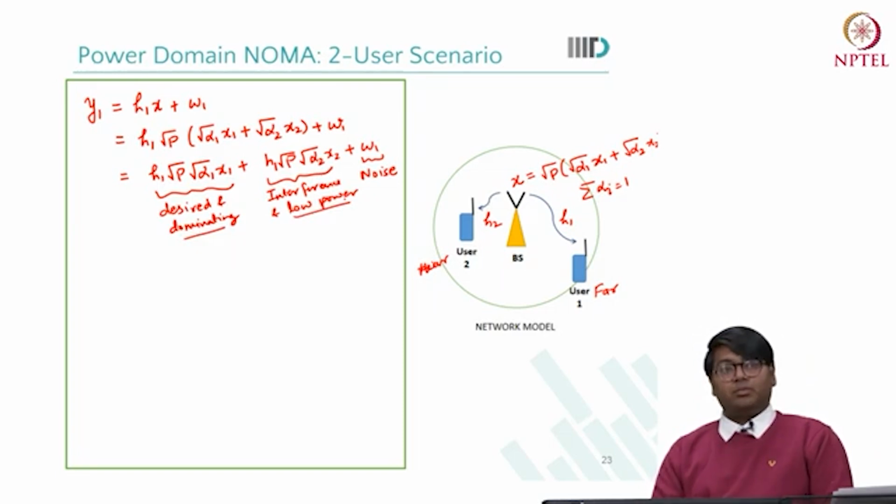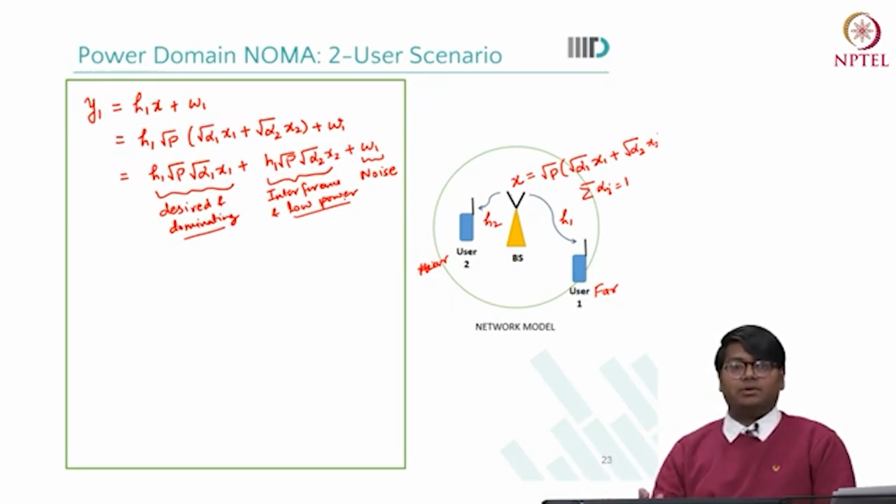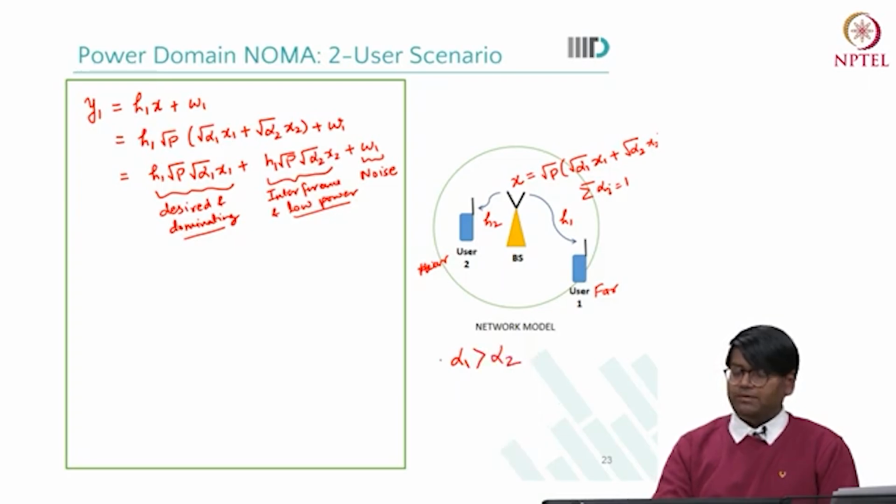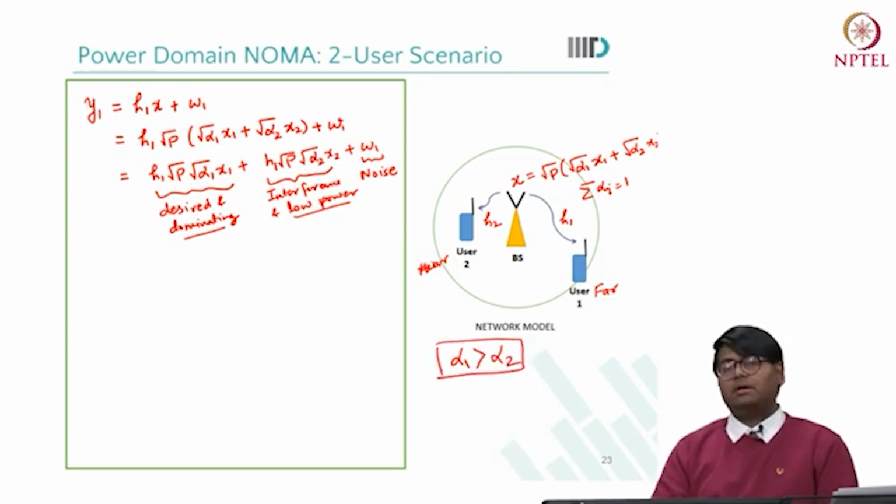More power is allocated to the far user because it has to travel a longer distance. So the power assigned to the far user is indeed more as compared to the near user. So in this case alpha 1 is greater than alpha 2.